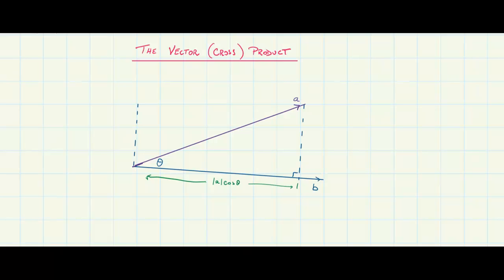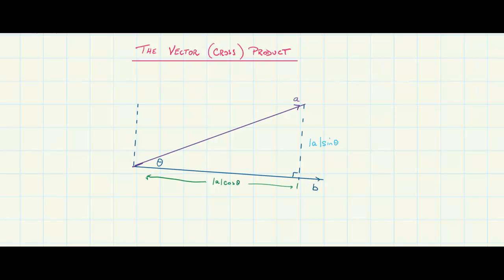Now, what we want to do is the opposite of this. We want to have a look at the part of A that is perpendicular to B. So that distance is this one here. Now, this distance is not A cos theta, but A sine theta.